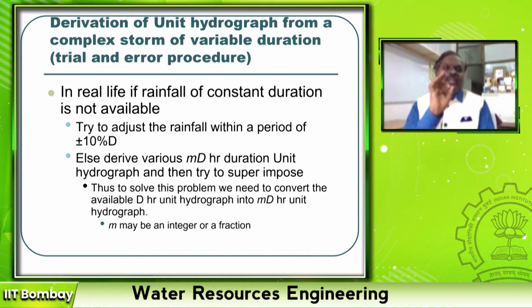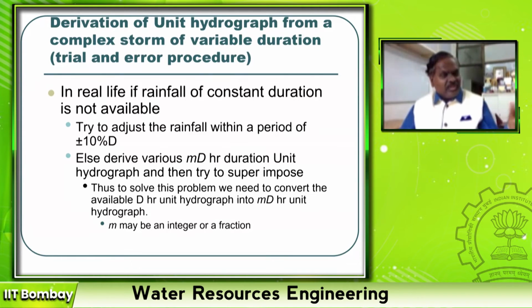Then you can still consider that as D hours. Else derive various MD hour duration unit hydrographs and then try to superimpose. Thus, to solve this problem, we need to convert the available D hour unit hydrograph into an MD hour unit hydrograph, where M is an integer.